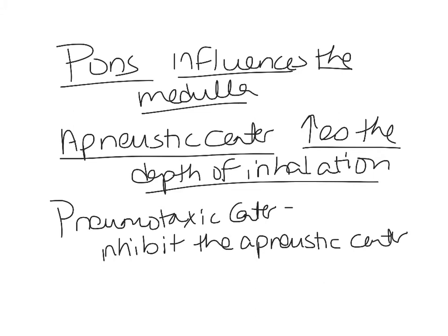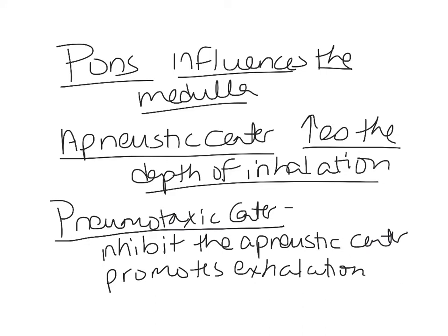So if it's inhibiting inhalation, it's going to be promoting exhalation. So that's what the pneumotaxic center does. If there's damage to this area, then you're going to have an increase in inhalation because there's nothing there to inhibit the apneustic center. So a person might inhale and then maintain it for 10 to 20 seconds before exhaling because the pneumotaxic center is not there to inhibit the apneustic center.